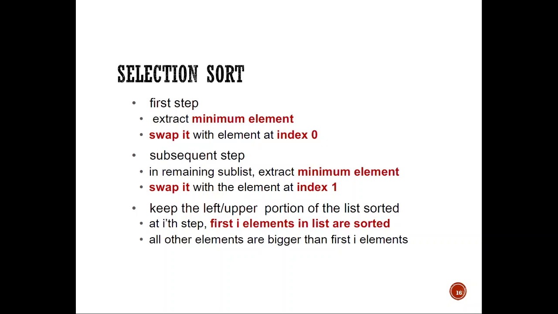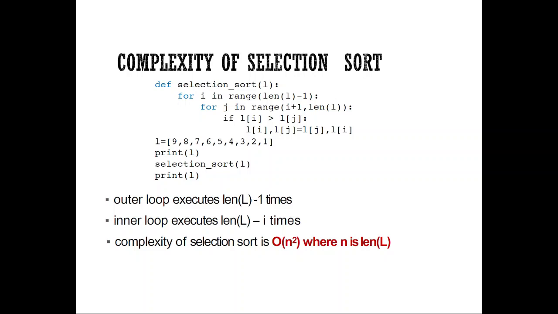At the ith step, the first i elements in the list are sorted, and all other elements are bigger than the first i elements. So again, in this case, in every iteration of the outer loop, the inner iteration also would need to, on average, span the remainder of the list.